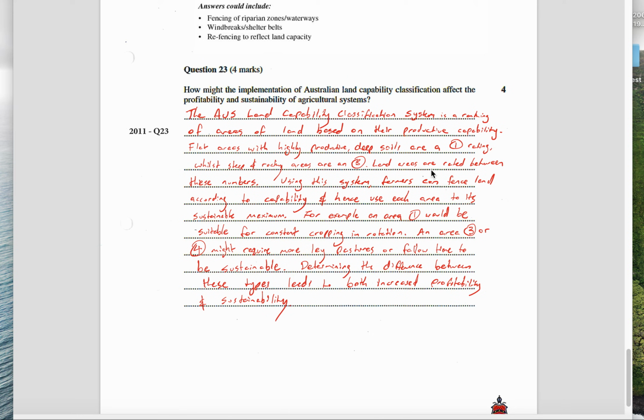Land areas are rated between these numbers. Using this system, farmers can fence land according to capability and hence use each area to its sustainable maximum. For example, a class 1 area would be suitable for constant cropping in rotation, and class 3 or 4 might require more ley pasture phases or fallow time to be sustainable. And so determining the difference between these types leads to both increased profitability and sustainability.